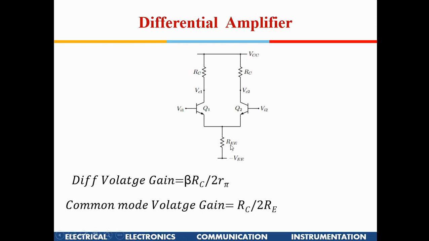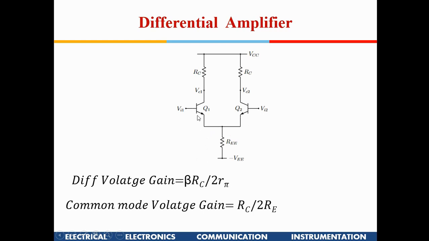If you have an RE, what is the voltage when you give a common mode signal? We are giving VID here and here, and the same KVL is applicable. In that KVL, this RE will not come into the picture, so your differential gain will remain the same, beta RC divided by 2 R pi.